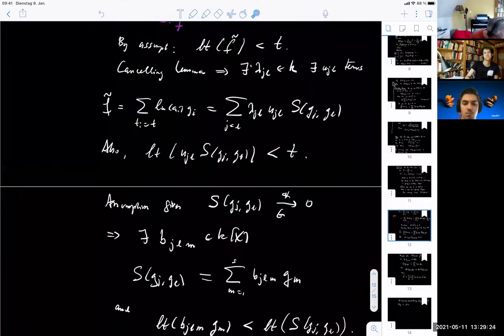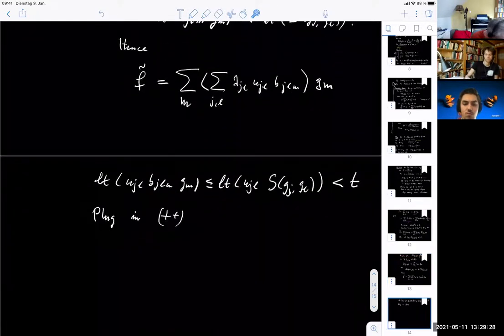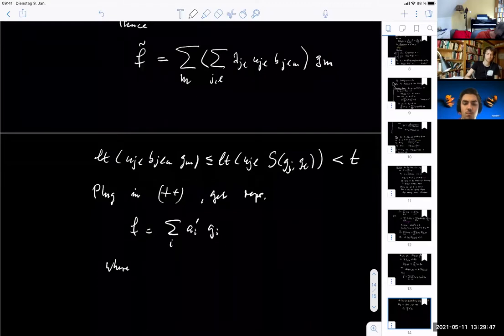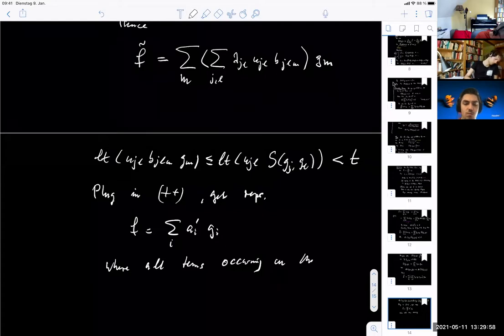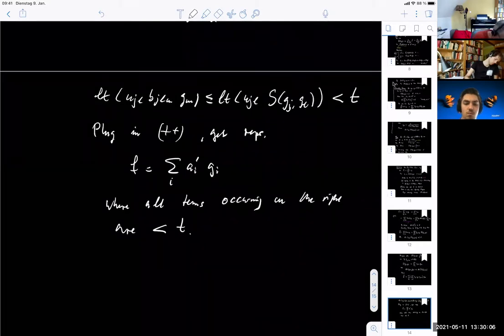And then I get a representation F equals, say, sum of A I prime G I, where all terms occurring on the right are less than T. And this contradicts the minimality of T. So this is the proof.